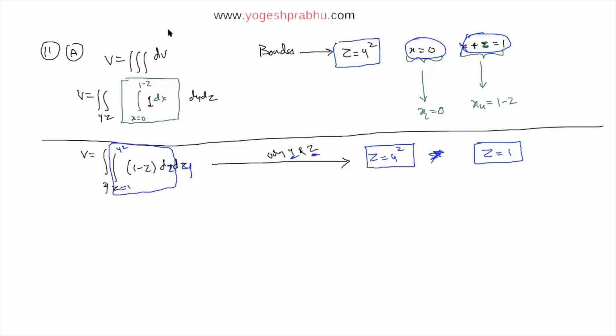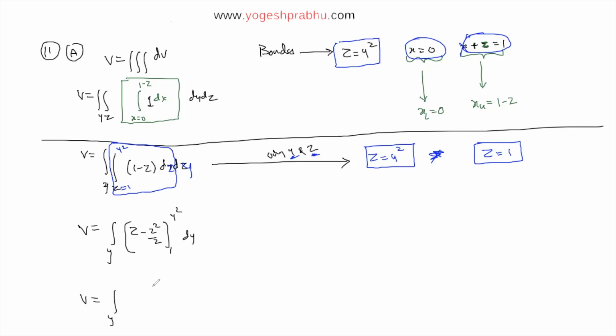Tell me what you will get. Y is still remaining. The integration of 1 minus z will be z minus z square by 2, from 1 to y square, dy.